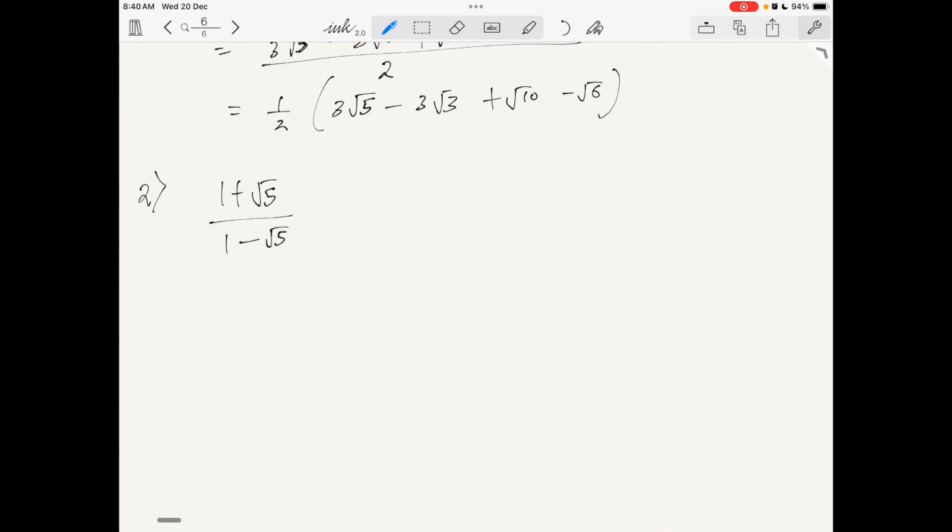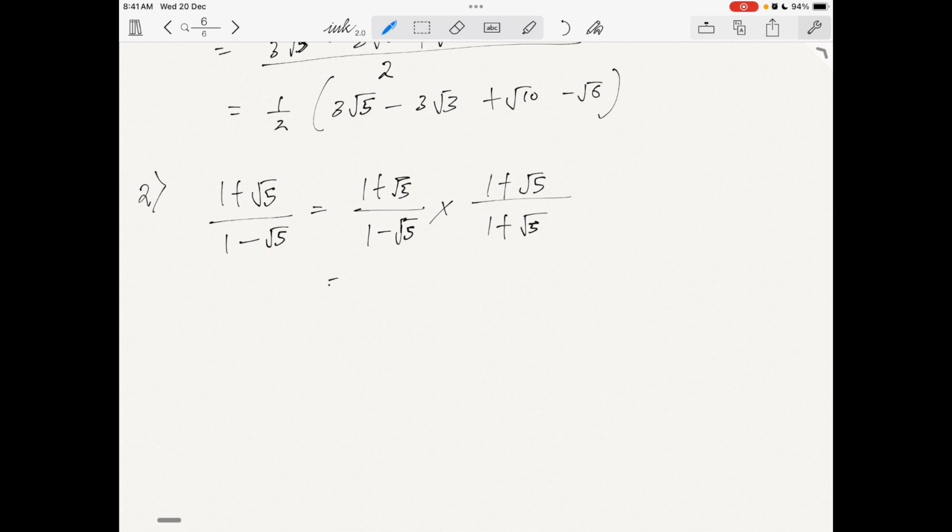Now the rule states that we multiply the numerator and denominator by the conjugate of the denominator. So we want to multiply the numerator also by the conjugate. The conjugate of the denominator is 1 plus root 5.